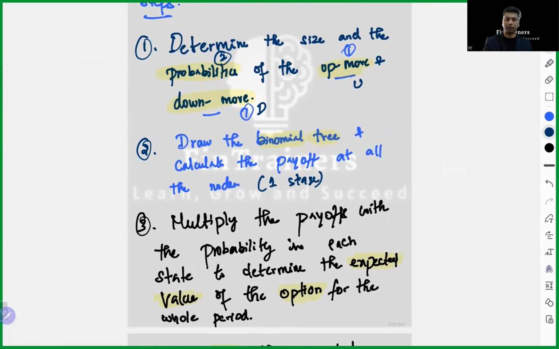What is the payoff? And then apply the probability. Don't apply the probability on the underlying price. There's no point. You have to figure out the payoff and then apply the probability to determine the expected value of the option for the whole period. Third step is that expected value of the option is what we are figuring out.